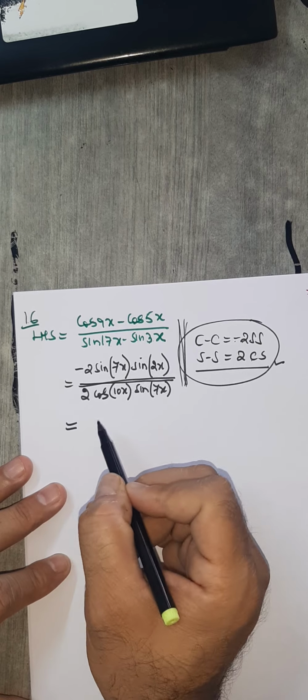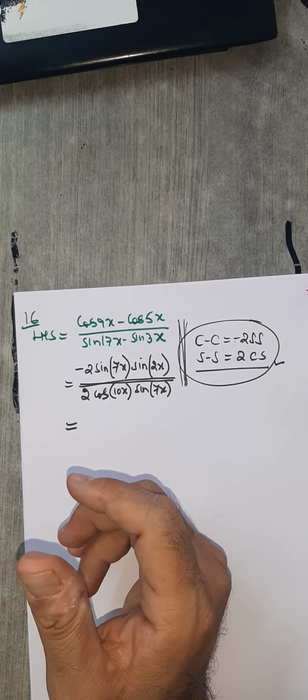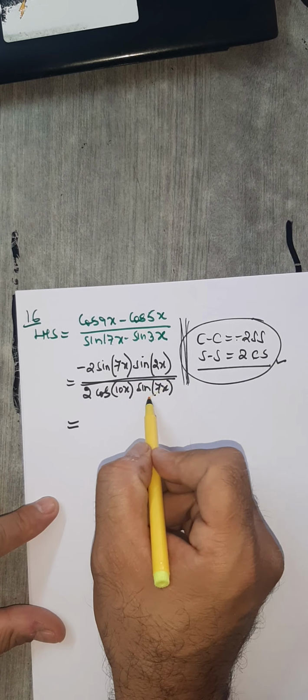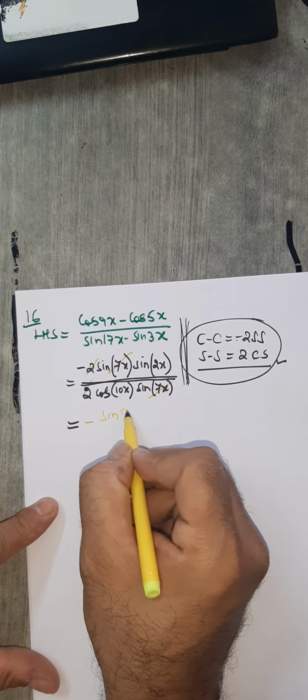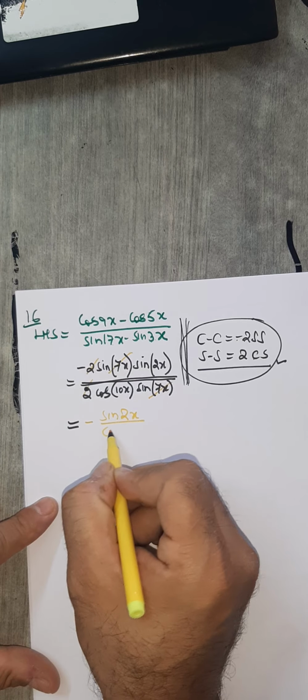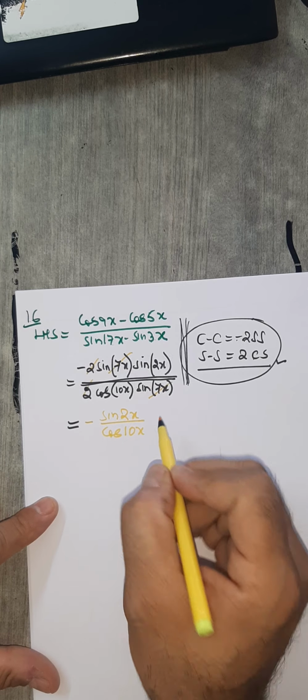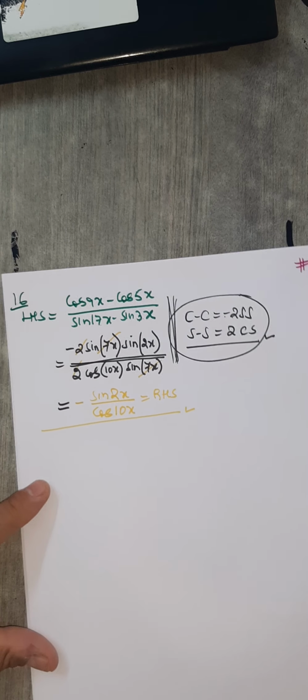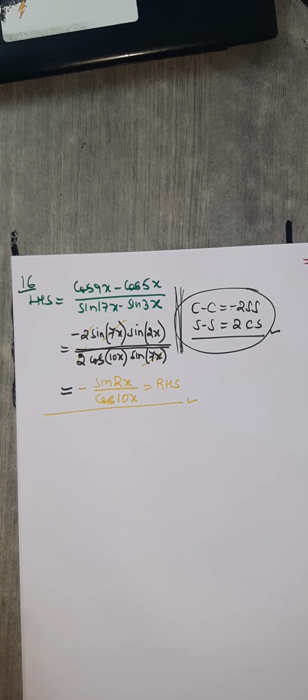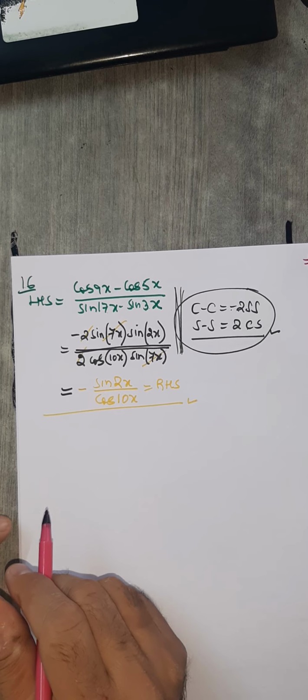Now you will see that a number of things will get cancelled. This will get cancelled, this will get cancelled, 2 will get cancelled. So you are left with sine 2x upon cos 10x, which is RHS. Okay.